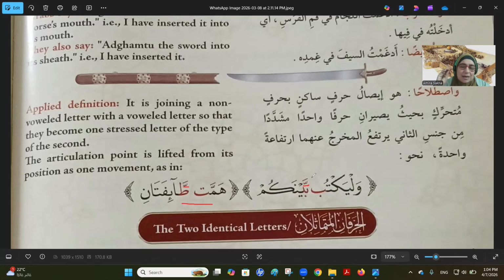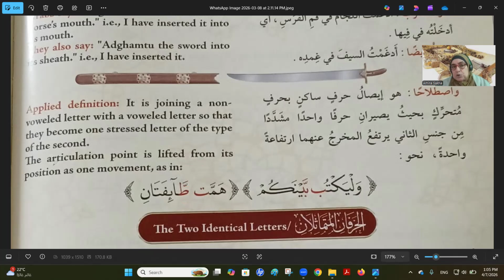Tajweed rules are the master key to recite the Quran properly. And really no way to recite Quran properly without studying tajweed rules. Fine? So this is, in general, how we apply idgham kamil or full merging.